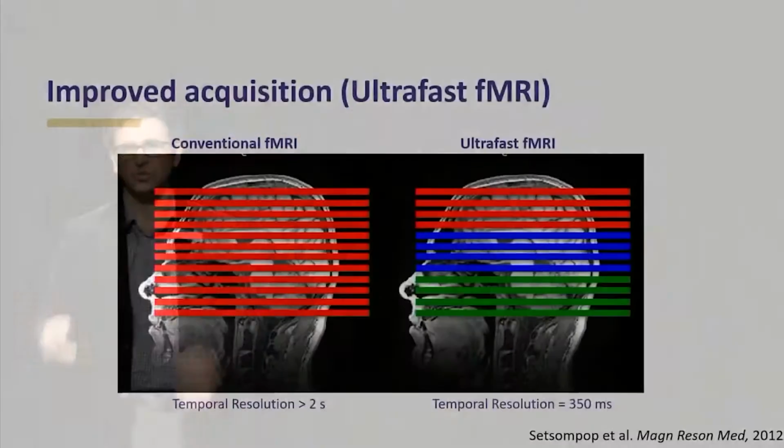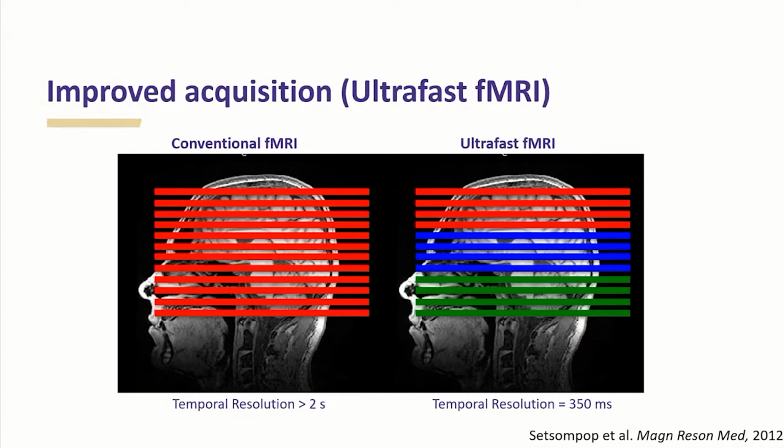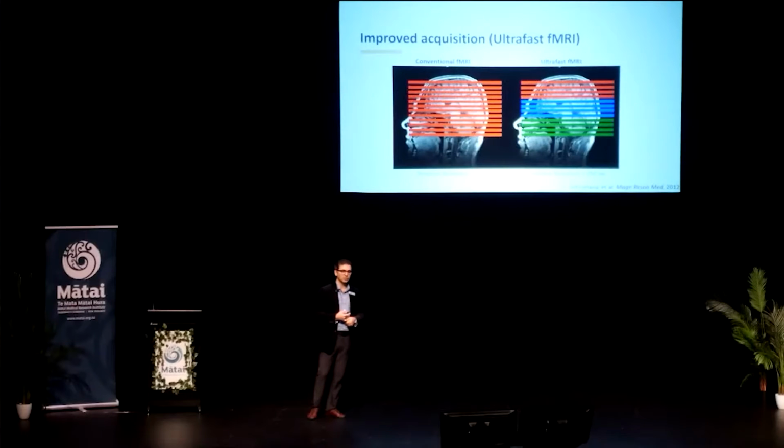But with the ultra-fast fMRI, we can basically image many slices at the same time, and by doing so, we can improve the resolution, the time resolution between these acquisitions significantly. So, for example, in our lab, we could reduce the time required to image one volume of the brain to 350 milliseconds.